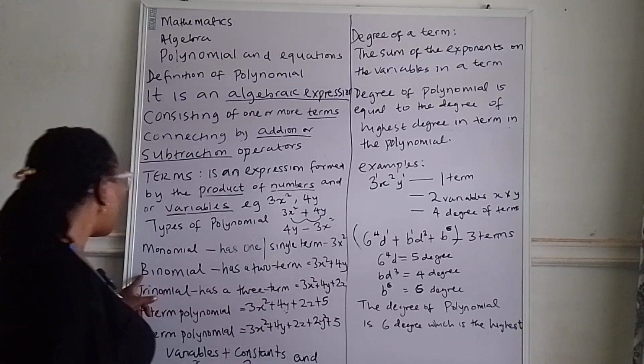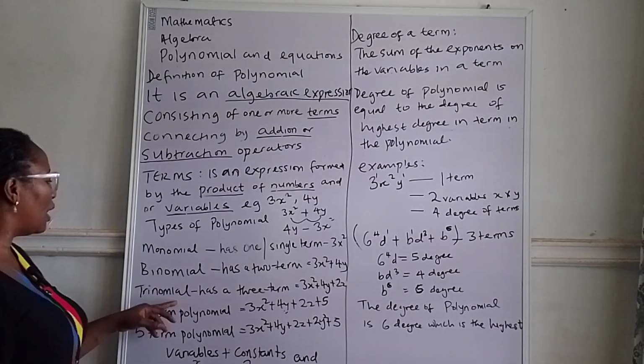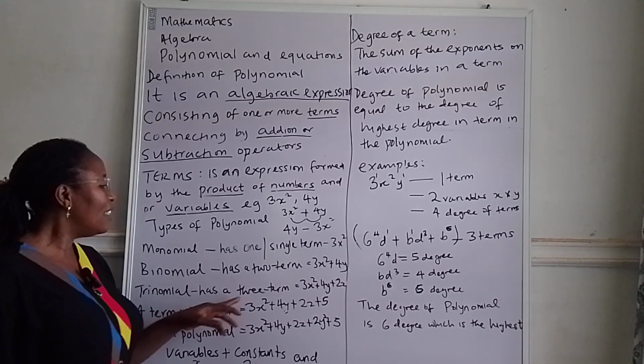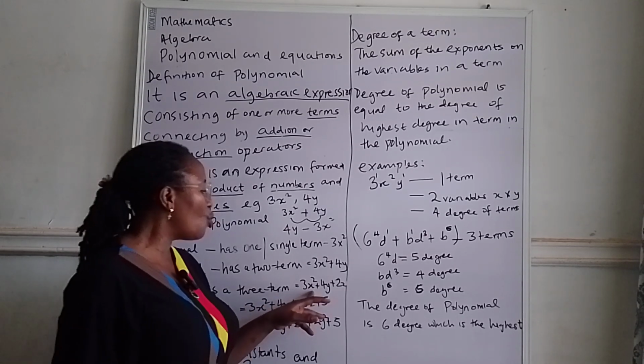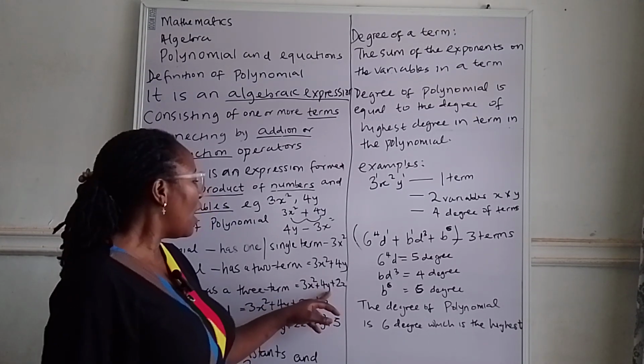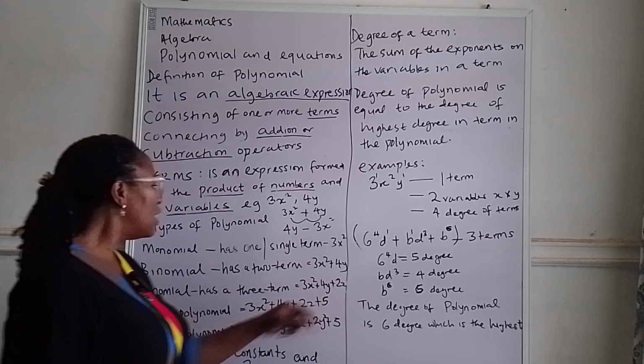So this is a binomial. It has two terms. We have trinomial, which has three terms. We have one term to be 3x squared, the second term to be 4y, and the third term to be 2z. So we have three terms.